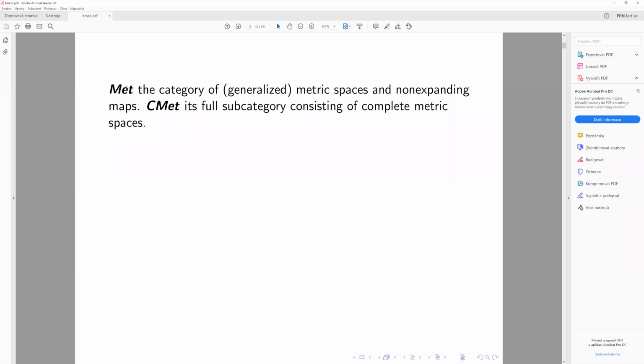The reason why one takes these generalized metric spaces is that with usual metric spaces, for instance, you don't have coproducts. You don't even have a coproduct of two points, because you have to put some distance between them, and this distance should be arbitrarily large, because you can have any distance between two points, and this coproduct should have a non-expanding map to any possible distance.